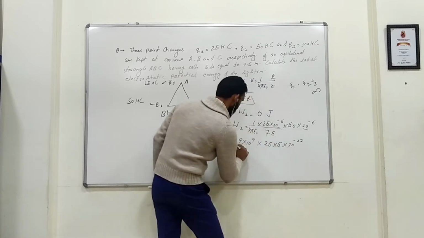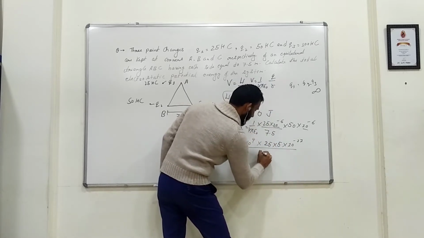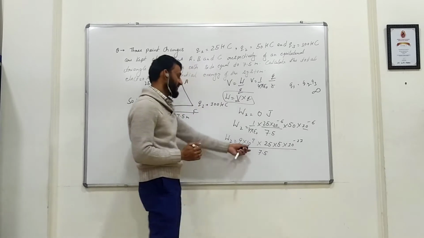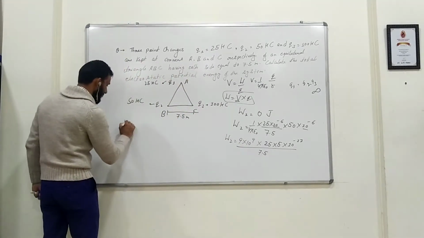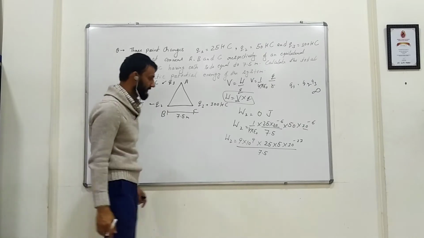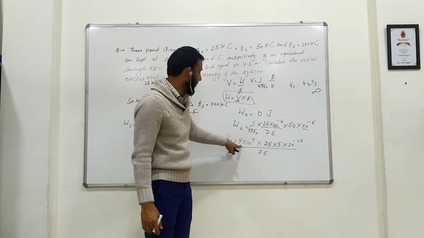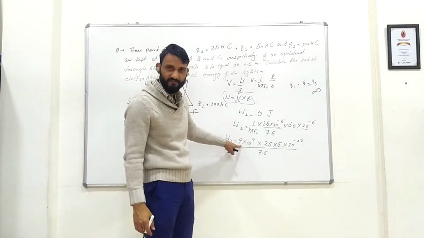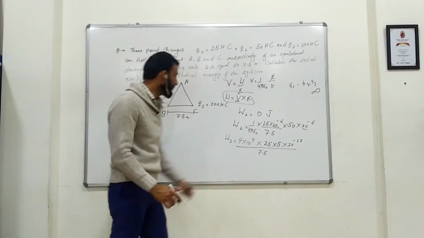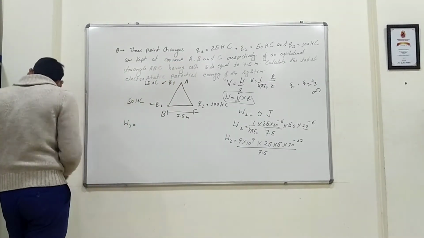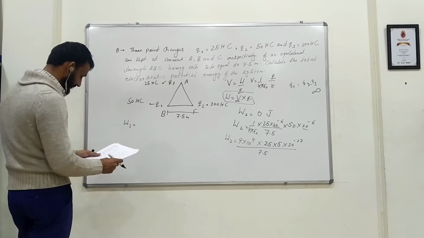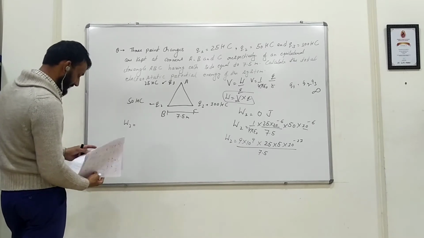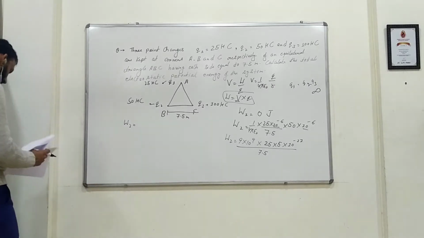You are allowed to use the calculator in your board exams, so this can be easily calculated. I'm just telling you how we calculate it. 25 into 9 will be 225, and then 225 into 5. I'll just write the numbers, but you can calculate it using the calculator also.